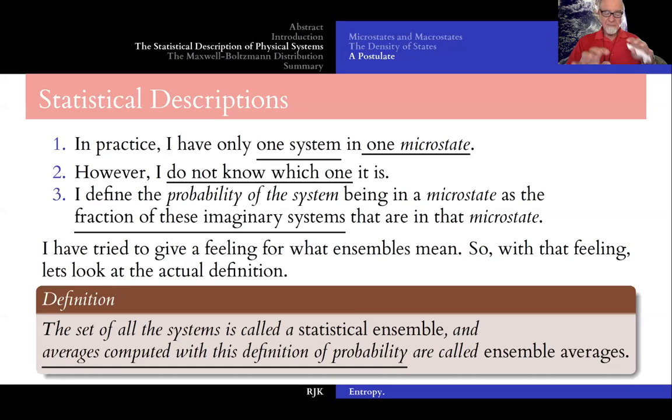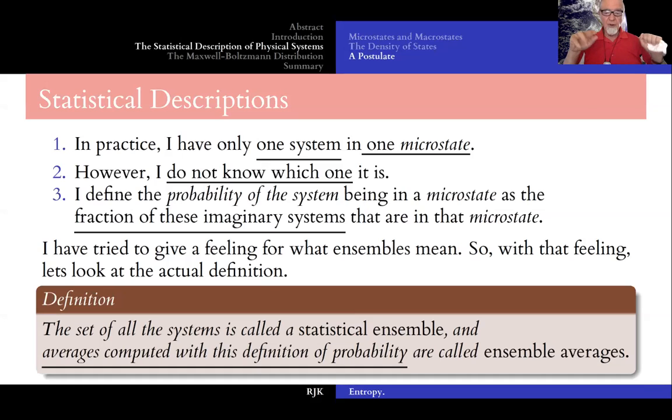So I make a system and I have it set up and it has one set of macro variables. The microstate that does that is one of these systems. Then we do it again, we get a different microstate. We do it again, we get a different microstate.